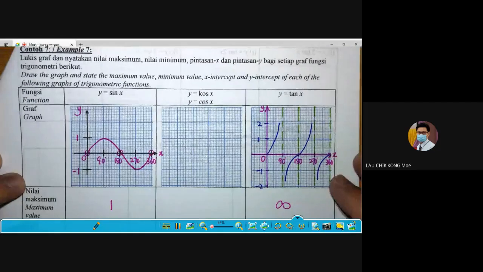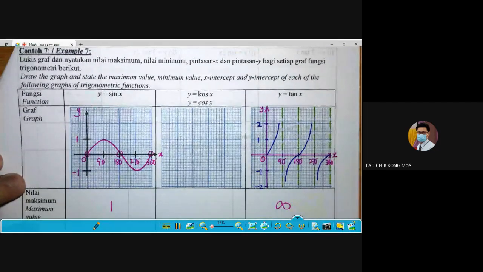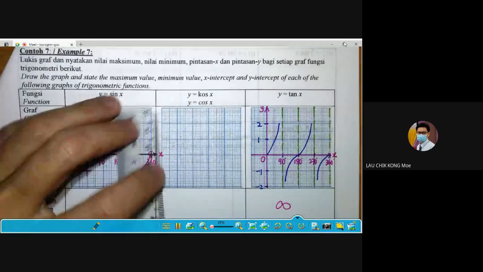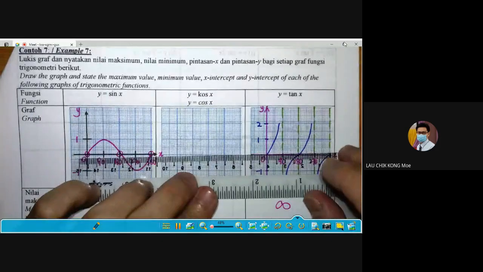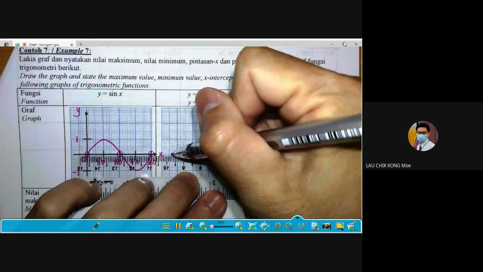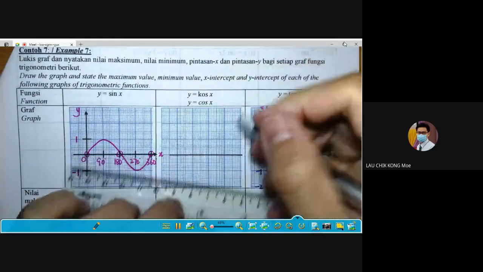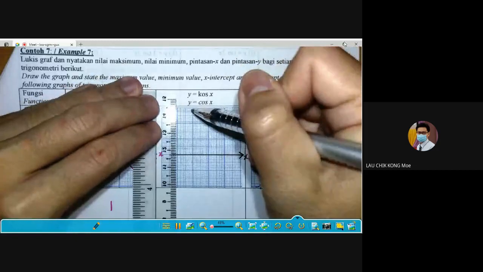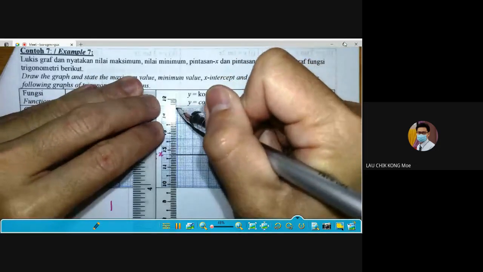Okay, so we continue here. Okay, so you check your answer with me lah. Okay, so for part B, how to draw the graph y equals cos x. So first of all, maybe you can draw the x-axis and y-axis. Okay, you draw it using a ruler. Okay, so this is x-axis and this is y-axis.